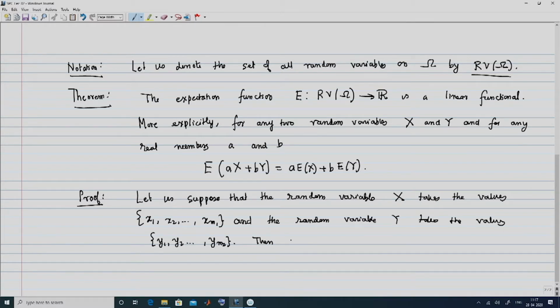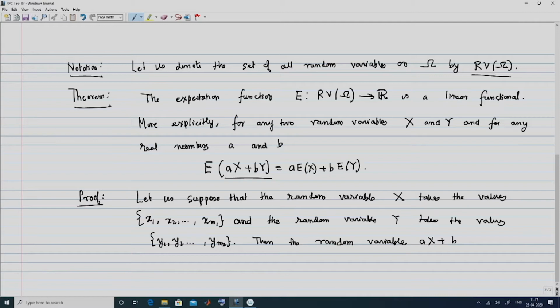Then we are interested in the random variable aX plus bY. What does it look like? Remember that any linear combination of random variables is also a random variable.